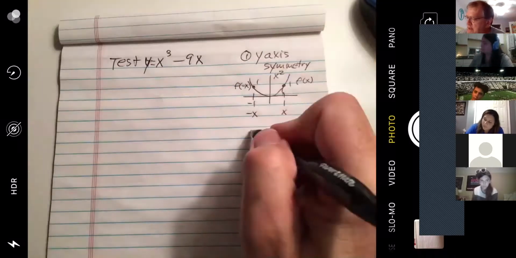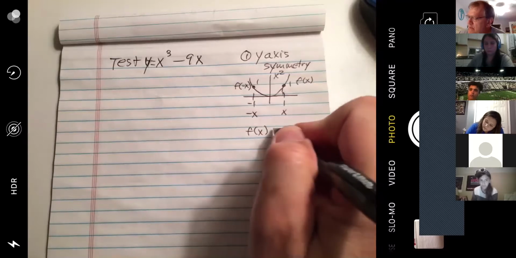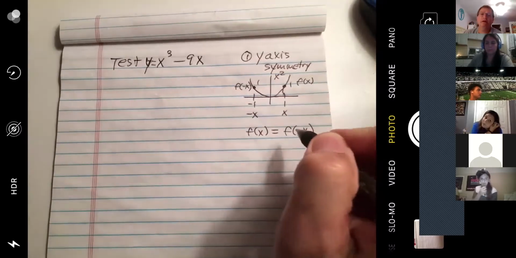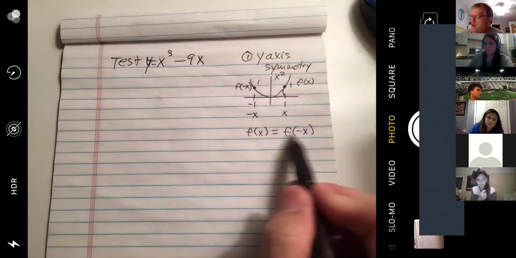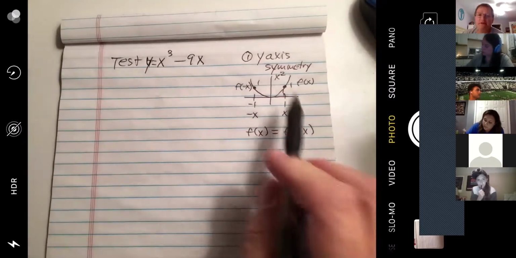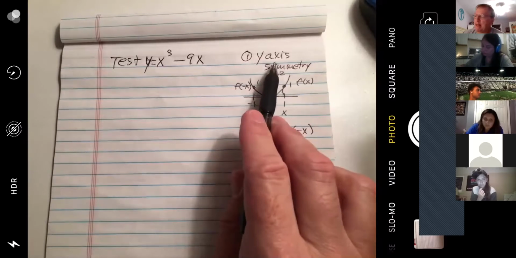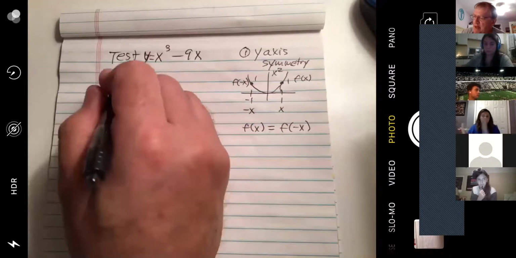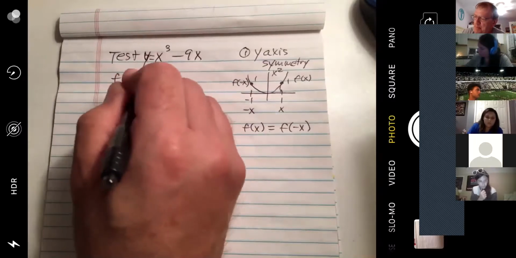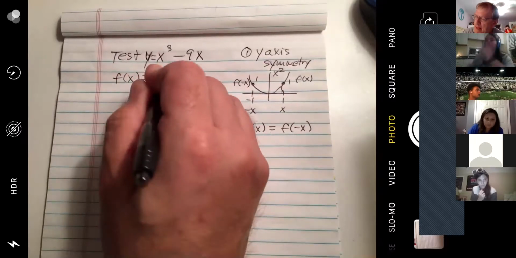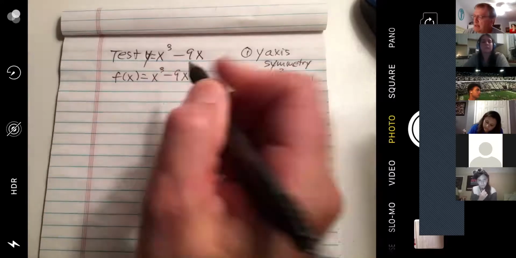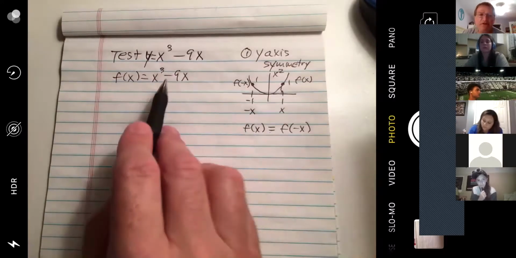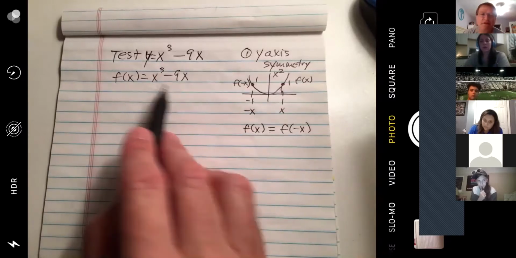So the idea is f of x equal to f of minus x, using function notation. If this is true, I have y-axis symmetry. So basically what happens is the original f of x is what's given. And I'm going to plug in minus x. And if nothing changes, I have this y-axis symmetry.